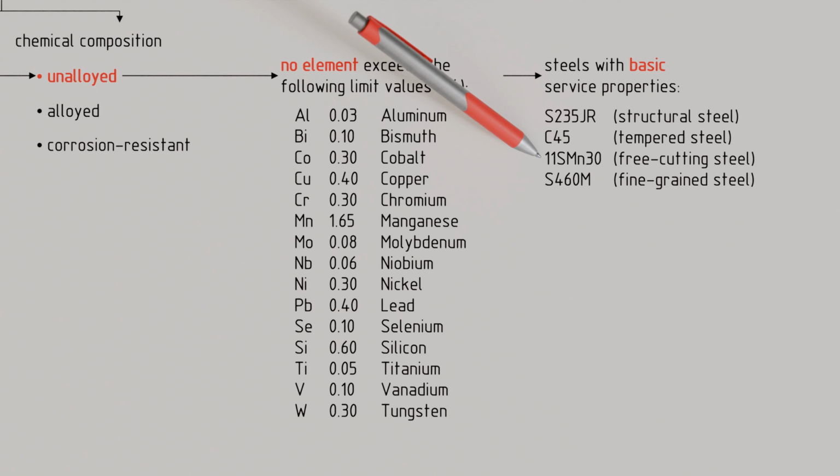The term non-alloyed may initially seem misleading, as additives like sulfur and manganese are directly stated in the steel designation, which might suggest these are alloying elements and thus the steel is alloyed. However, according to standards, elements such as sulfur, phosphorus, and nitrogen are generally considered undesirable accompanying elements, not alloying elements. An exception is made for free-cutting steels, where brittleness caused by sulfur is deliberately desired.